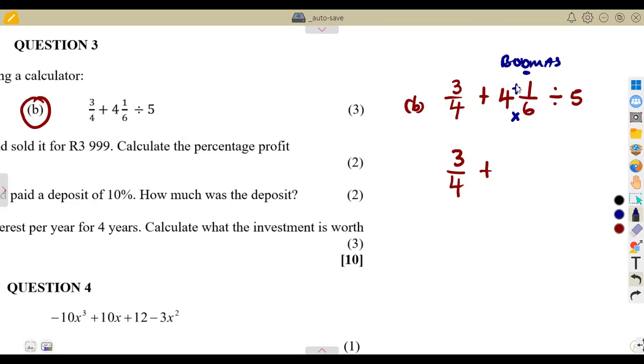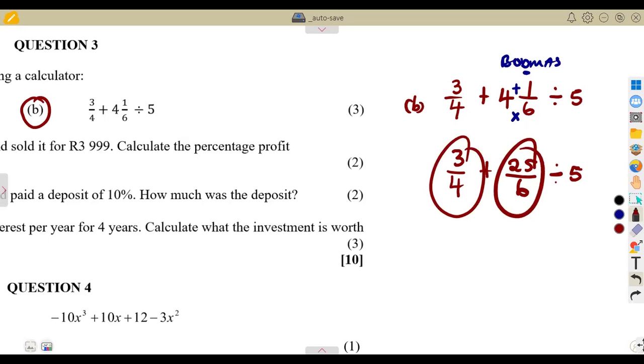So it's 6 times 4, which is 24. Then you add 1, which is 25. So this is going to be 25 over 6 divided by 5. Remember, every whole number, as long as there's a fraction like this, can be written as a fraction over 1.